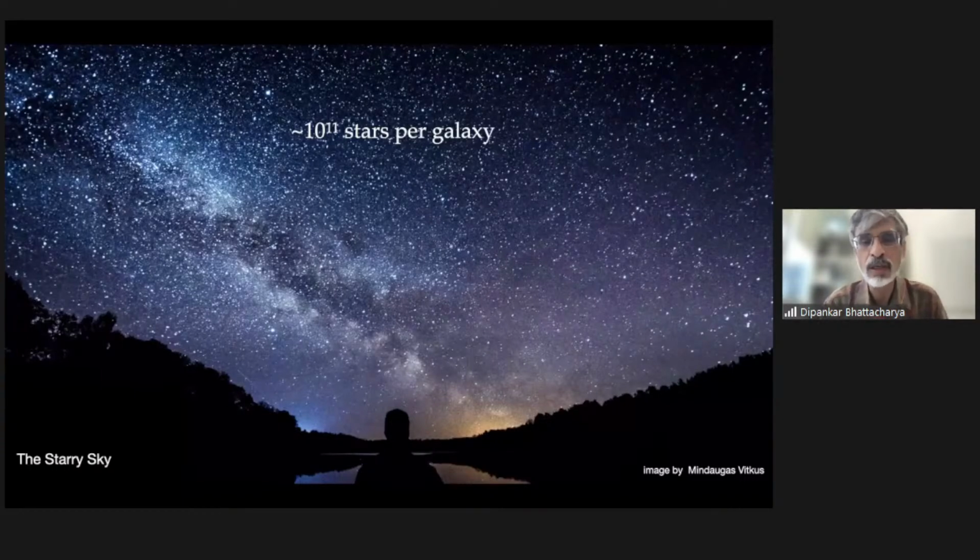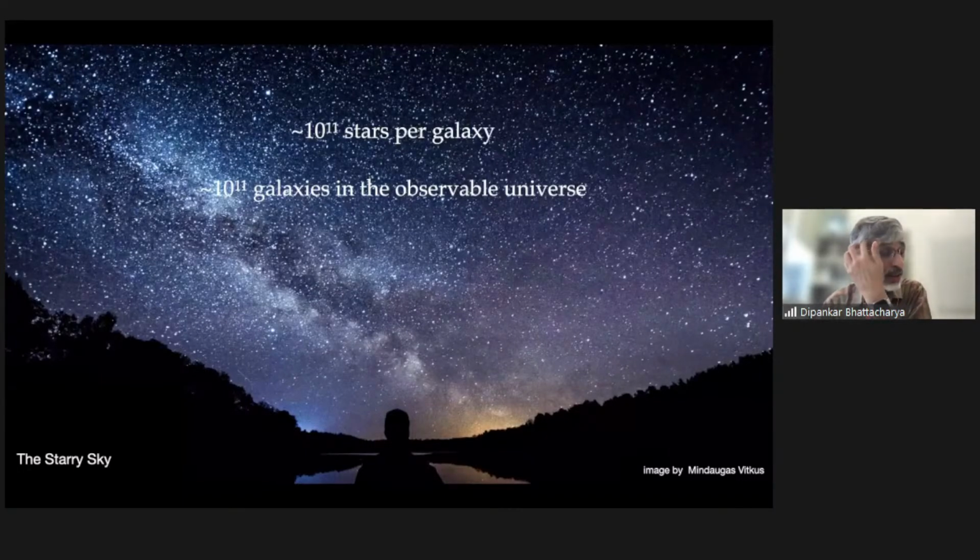And there are also stars which are smaller, less massive, and dimmer than the sun. But altogether, there are about 100 billion of such stars in the galaxy. And within the observable universe, there are about 100 billion galaxies. So you can imagine how many stars are there in our observable universe.